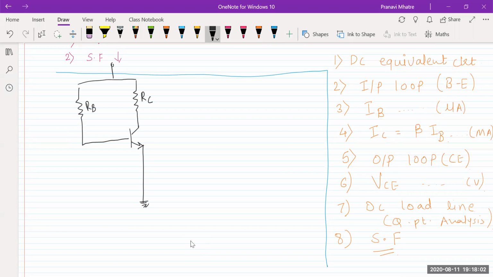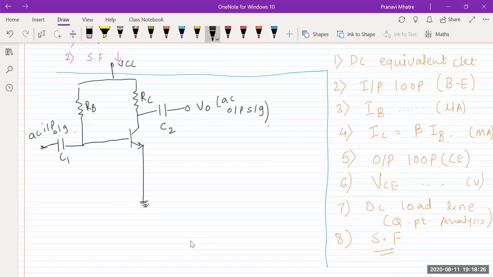Over here I have VCC. There is the output capacitor C2, and V0 is the AC output signal. Then C1, and this is the AC input signal.